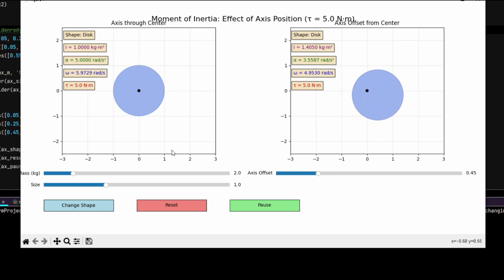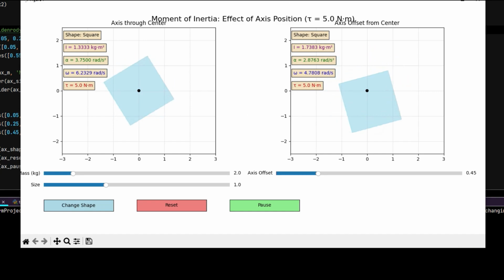So how the object rotates. You can see actually the left object is also rotating, just that we are not able to see the difference. Yeah, that's better. So when the moment of inertia gets affected just by changing the axis, obviously the radius will also get affected with the change of axis.